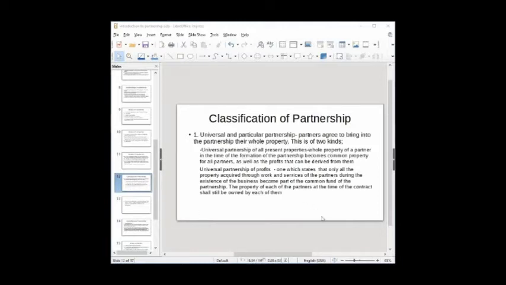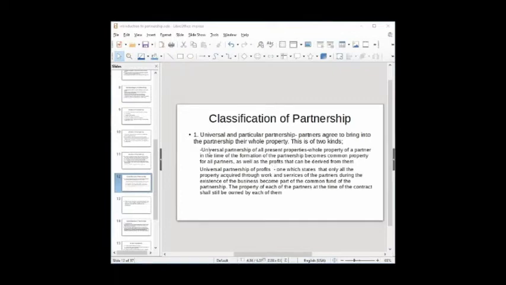Under universal and particular partnership, partners agree to bring into the partnership their whole property. And this has two kinds. One is the universal partnership of all present properties, and another one is the universal partnership of profits.